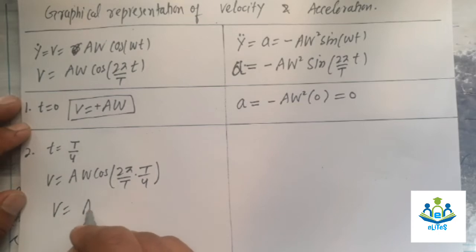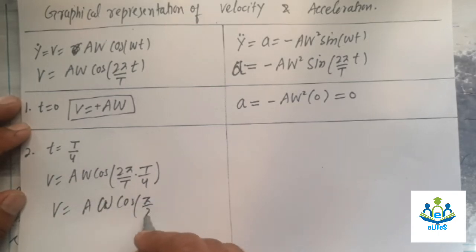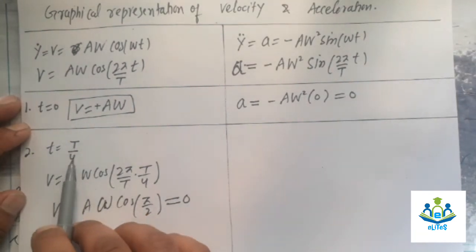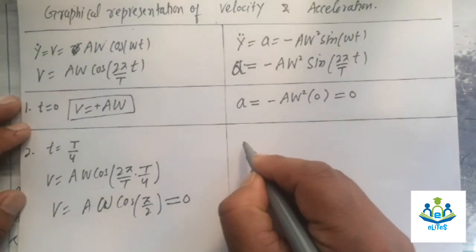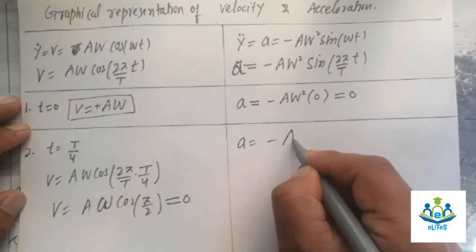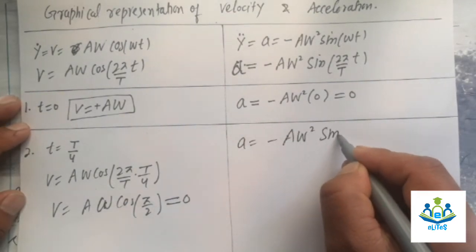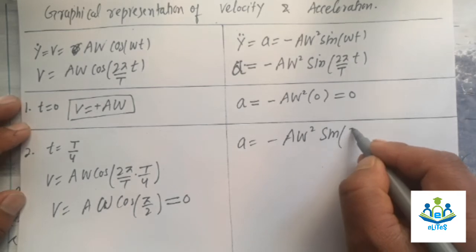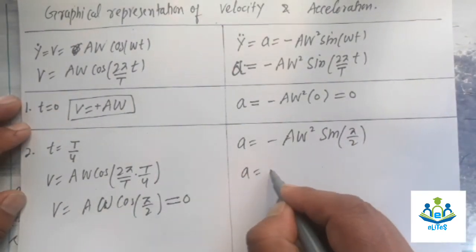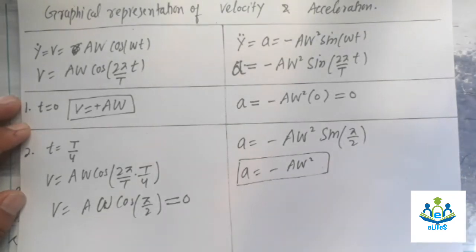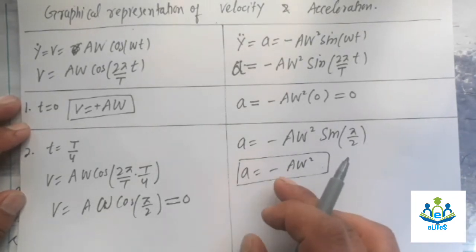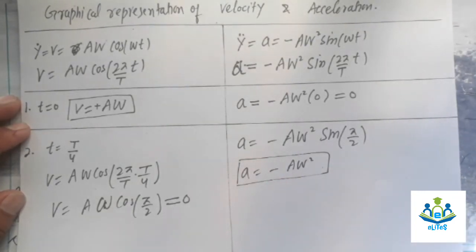It will be a omega cos of pi by 2, and cos pi by 2 is 0. So when time is T/4, velocity will be 0. Okay. Acceleration will be minus a omega square sine of pi by 2, which is minus a omega square. Acceleration will be maximum, but in the opposite direction, negative.